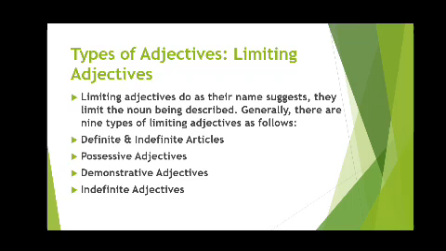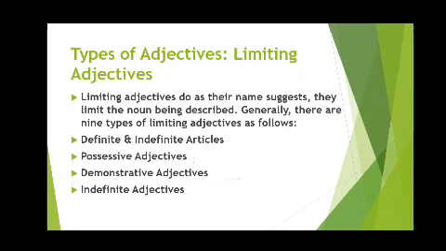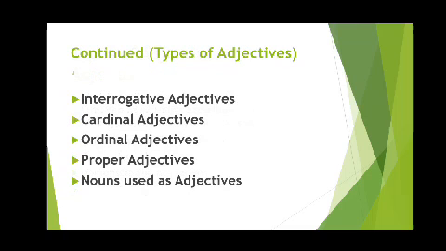Indefinite adjectives, interrogative adjectives, the cardinal adjectives, the ordinal adjectives, the proper adjectives, and nouns used as adjectives. So these are the 9 types, and the 9 types will be discussed in the upcoming slides as well.